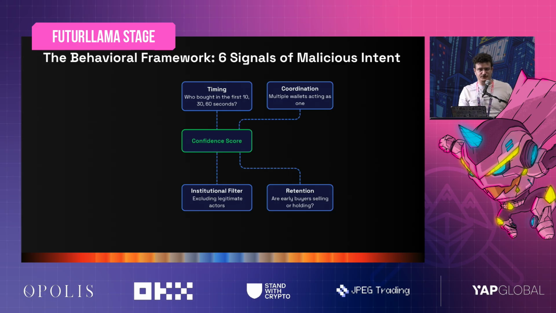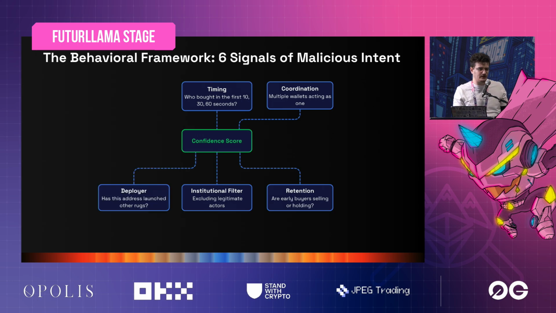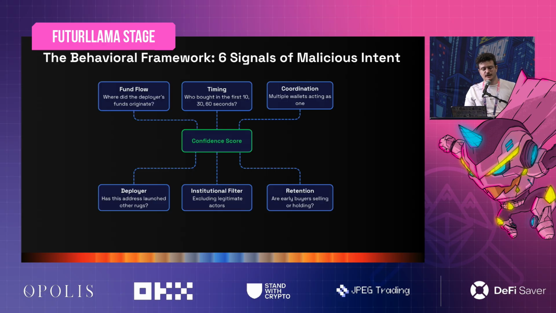Then institutional filters. What do we mean by this? You will always have false positives, and wallets will be flagged as we detect, but sometimes you have to filter them because it's normal behavior for them. We'll talk about that later. Then we analyze the deployer: is this a known hacker, a known person that has already done a rug pull? And then where the money is coming from, the fund flow.